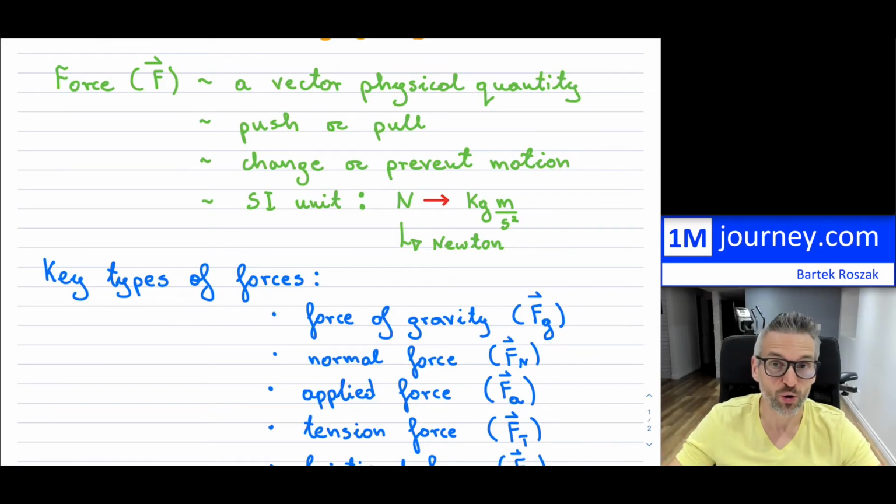Now, it's not the only actual unit. The same thing as we don't just have, for example, meters for distances or positions. We can have it in feet, right? We can have it in kilometers. We can have it in inches and centimeters, all kinds of different things. For forces, you typically will run into basically two different types of unit. The standard unit, which is Newton, and then you can put a prefix in front of it.